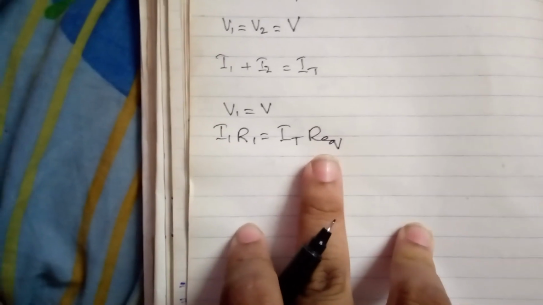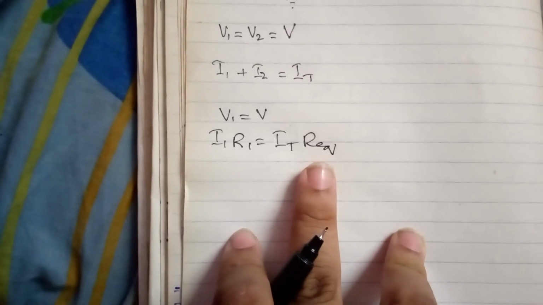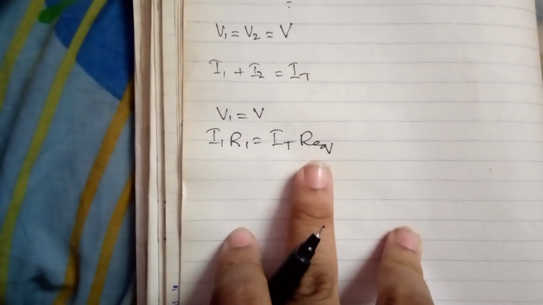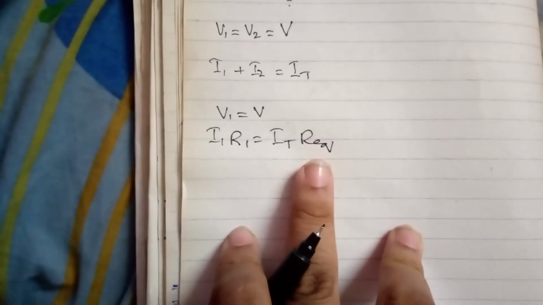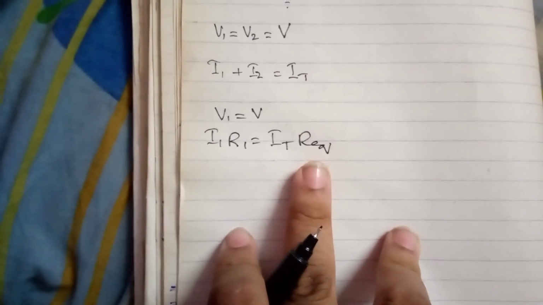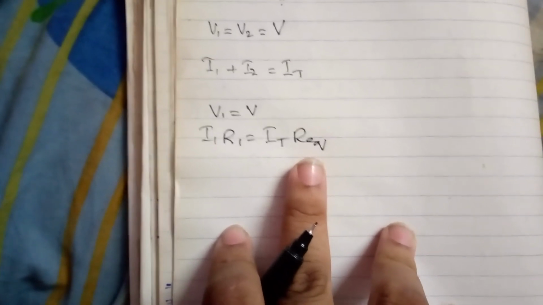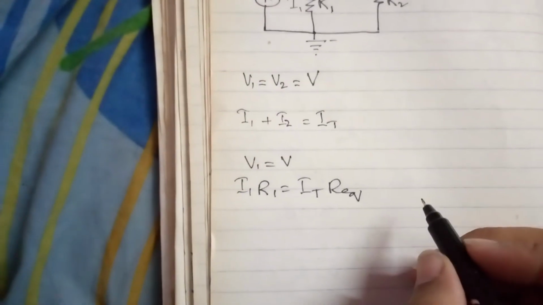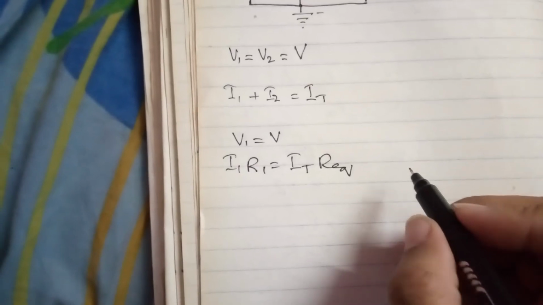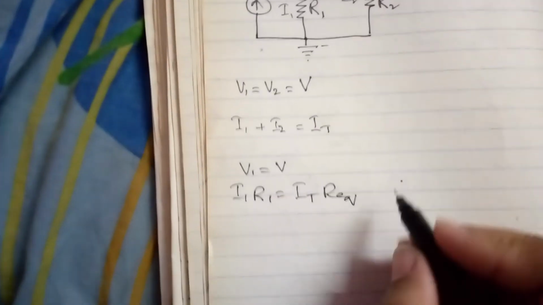What is R equivalent? R equivalent basically is an equivalent resistance of all the resistances connected in parallel combination. In previous lectures, I have already taught you series and parallel combination of resistances. In series combination, the equivalent resistance is just the sum of all the resistances connected in series, and in parallel combination, the equivalent resistance is the sum of reciprocal of all the resistances connected in parallel. So here two resistances R1 and R2 are connected in parallel.